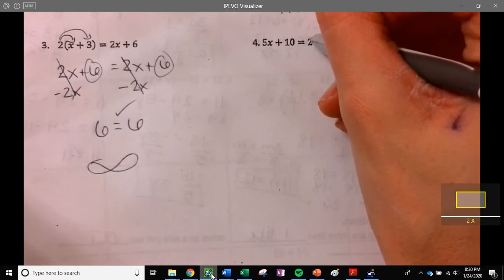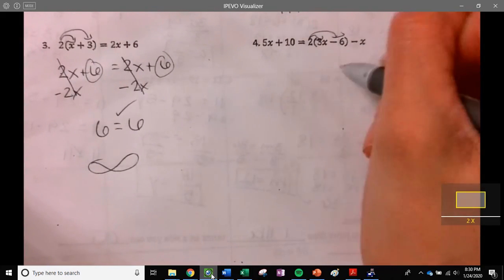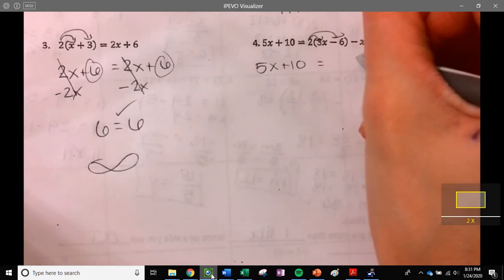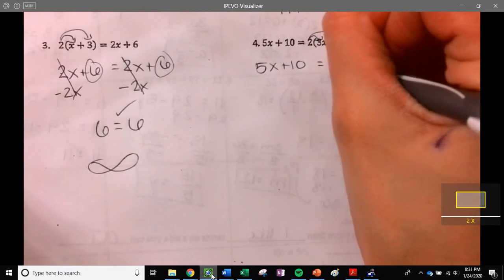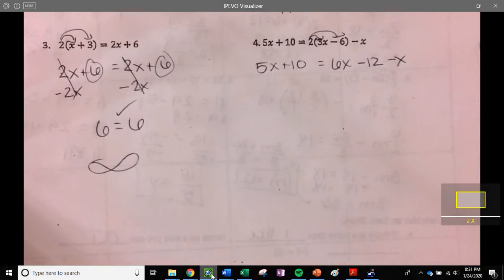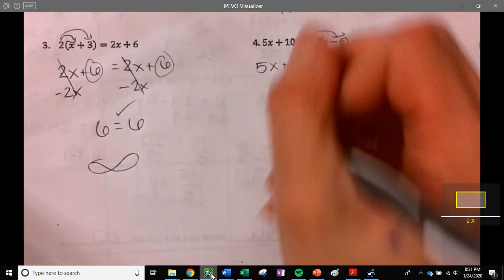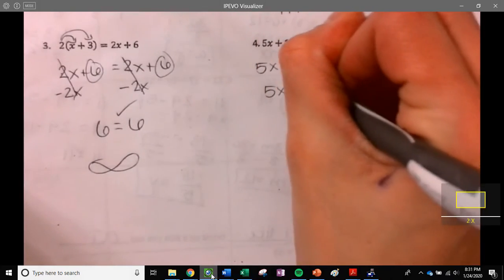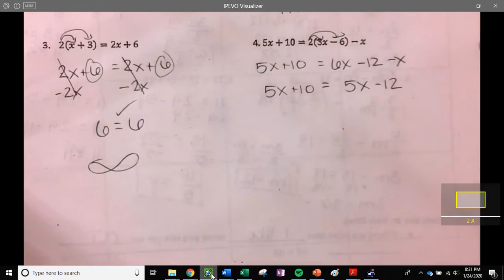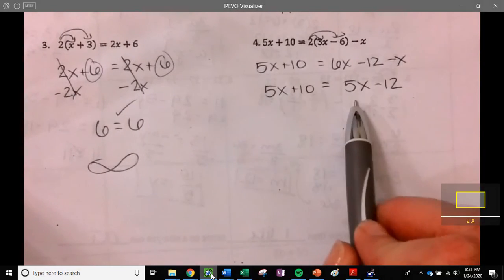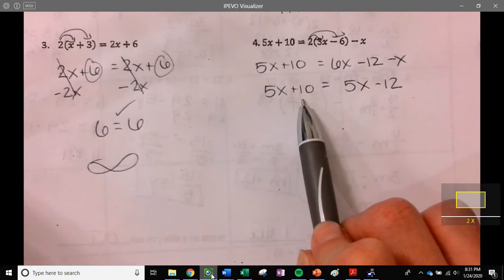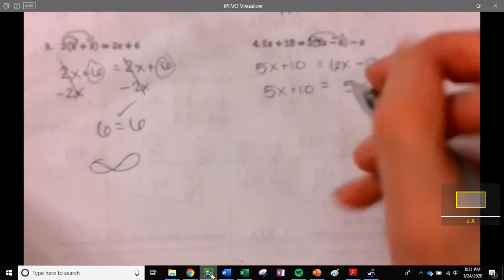We're going to distribute 2 to the 3x and 2 to the negative 6. 5x plus 10 is what we're given, equals 6x minus 12 minus x. Now I can combine my like terms on this side, and I've got 5x plus 10 equals 5x minus 12. Okay, I can see right off the bat, my variables will cancel each other out, but I don't have the same expression on both sides.